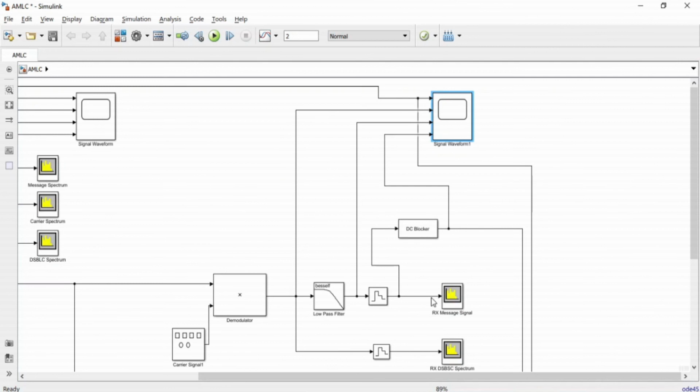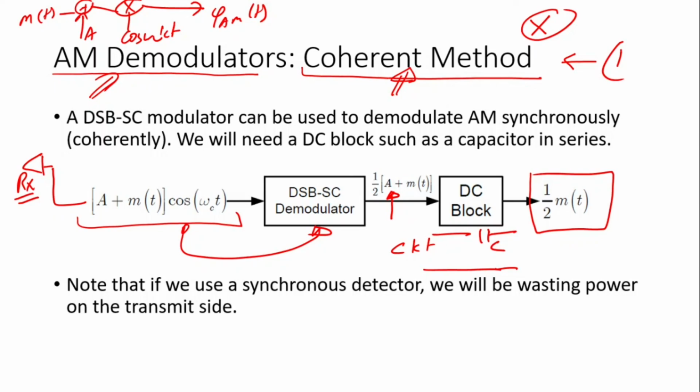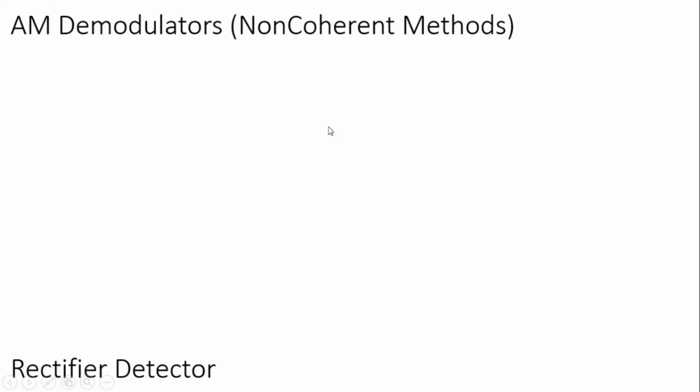But again, note that using a carrier at demodulation is not a wise thing to do, so we need to look into some non-coherent methods. That is why we move towards non-coherent methods of AM demodulation.